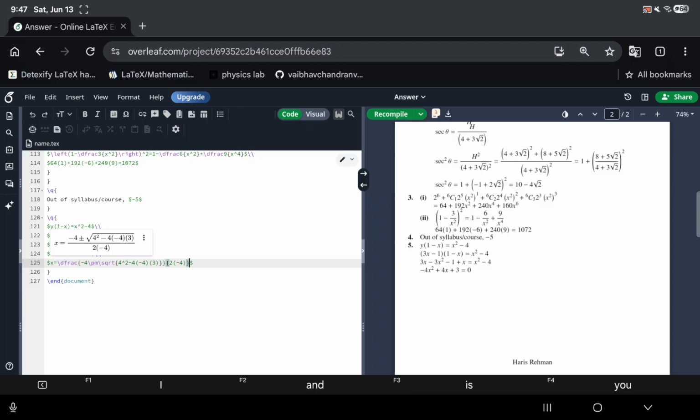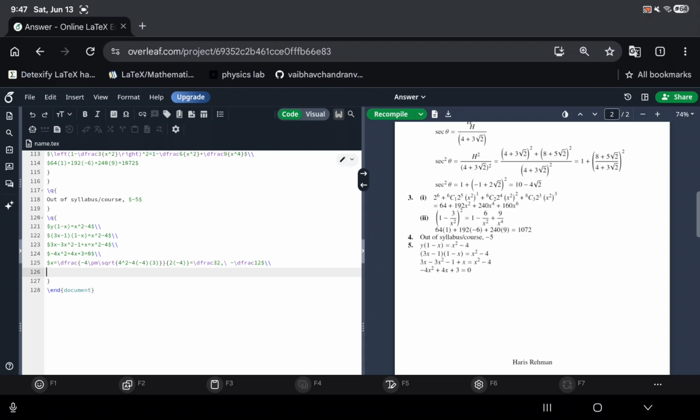This yields 3 over 2 and negative a half. Two values. We take a and b to be both values.